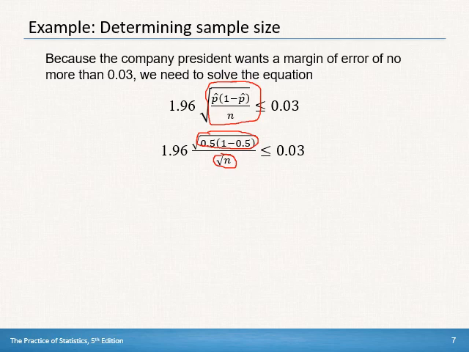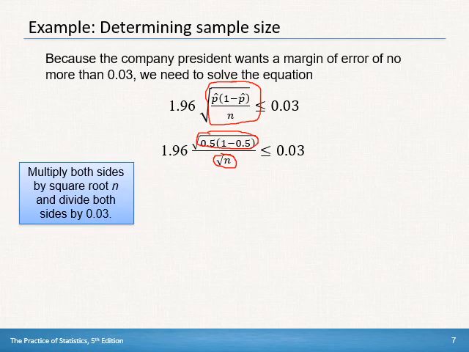We want to get the square root of n by itself. So we would simply multiply both sides by the square root of n and divide both sides by 0.03. That gives us this. So we really want ultimately n by itself.